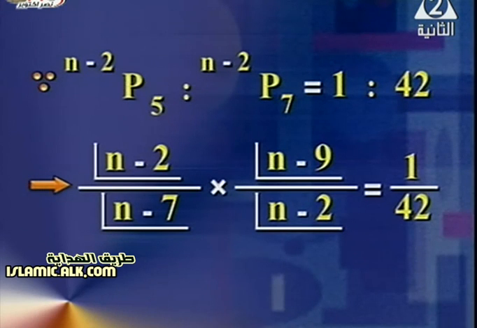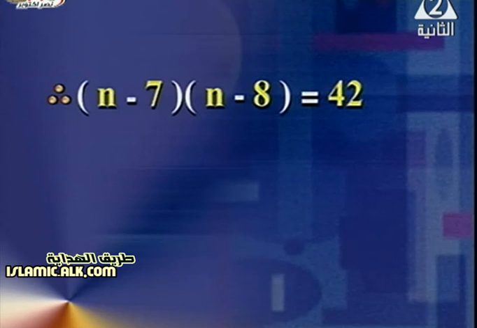Look at the student, left hand side, we simplify factorial n minus 2 and convert factorial n minus 7 to n minus 7 times n minus 8 times factorial n minus 9. Answer is n minus 7 times n minus 8 equals 42.